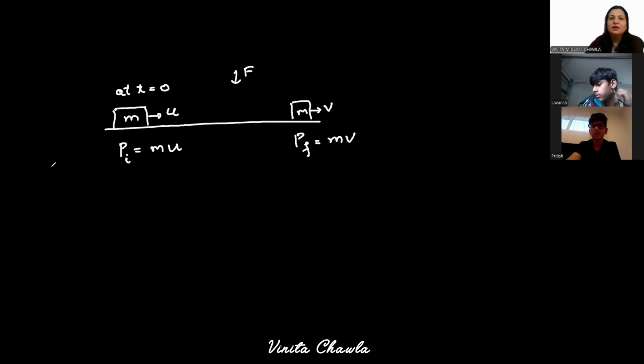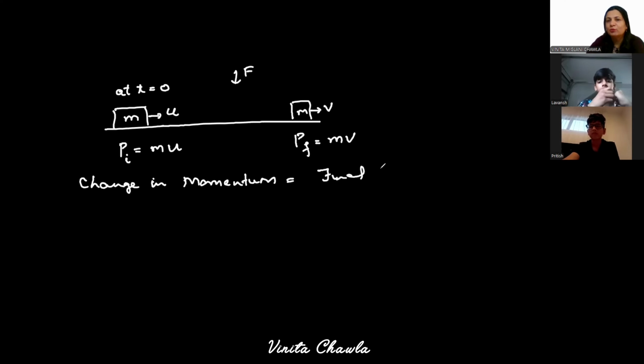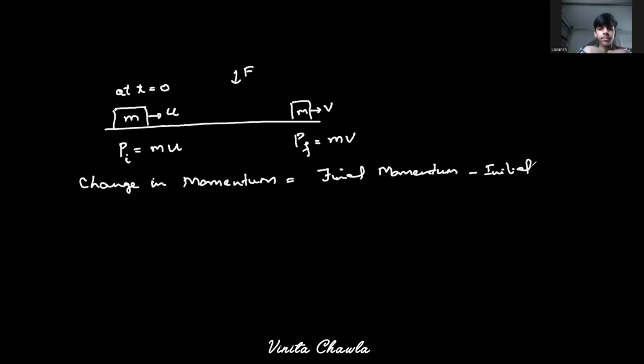So there is a change in momentum, you can see. So what is the change in momentum here? How do we find change in momentum? We subtract the momentum to find the change.